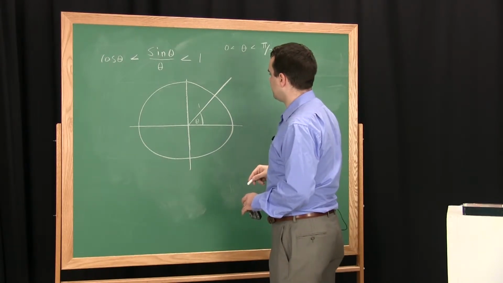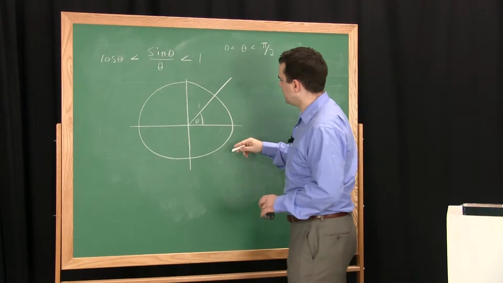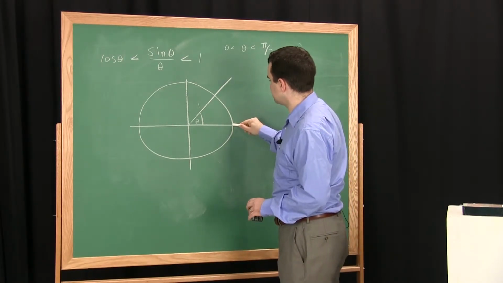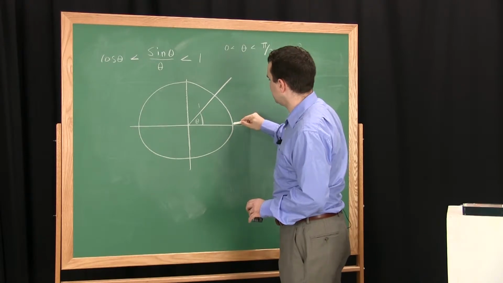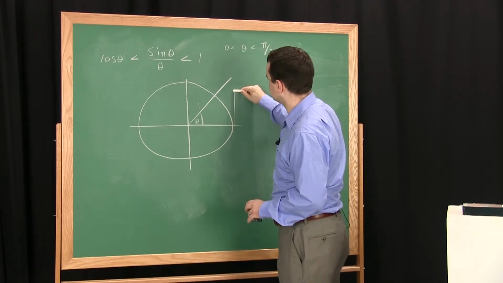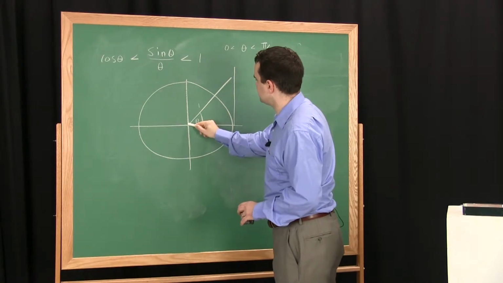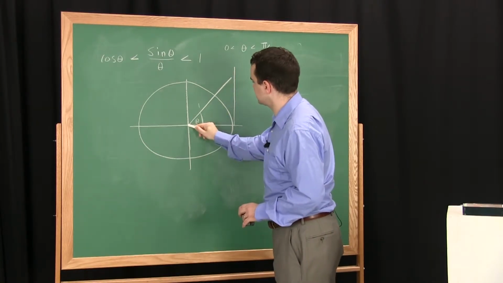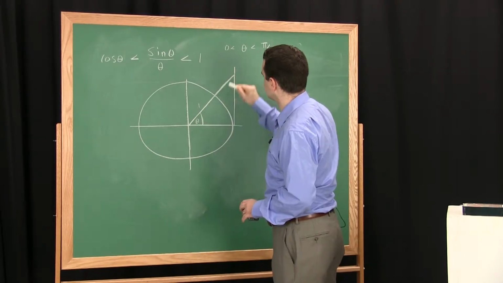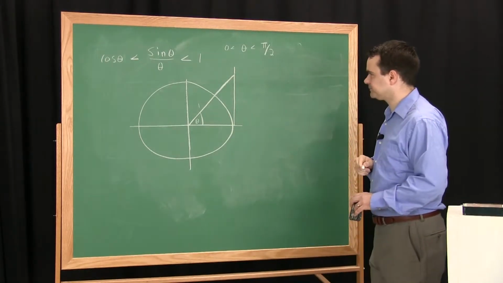And I'm going to make a couple different triangles. So first of all, I'm going to take the point here. This is x equals 1, y equals 0. And I'm going to make a straight vertical line. And I'm going to wait until this line intersects this line segment coming out at angle theta. So that's one triangle.